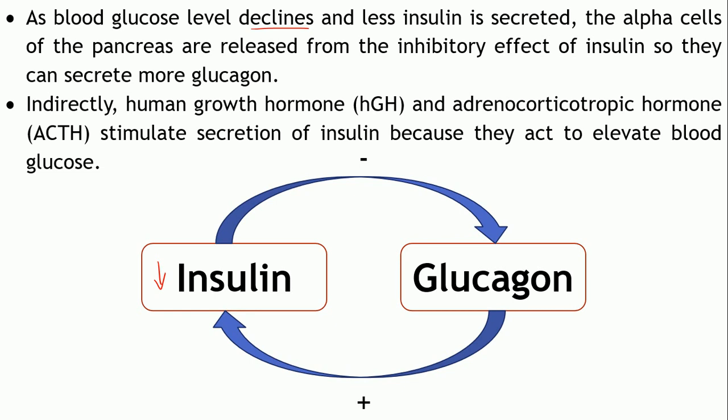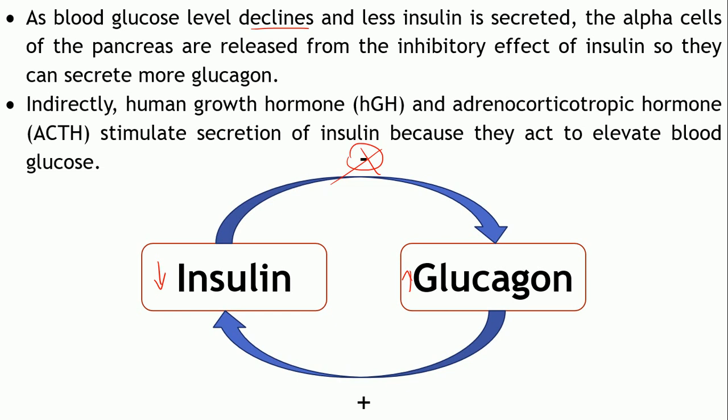So as a result of decrease in the insulin release, what will happen to the release of glucagon? When there is more insulin, glucagon release is inhibited. So as the insulin levels are lowered, what will happen? This inhibitory effect is ruled out. So it will increase the release of glucagon.